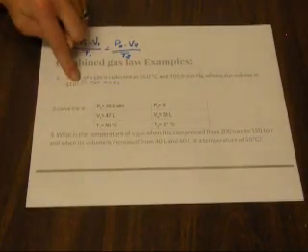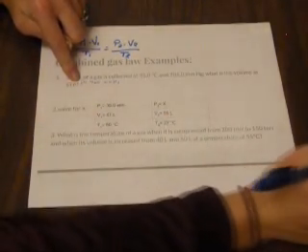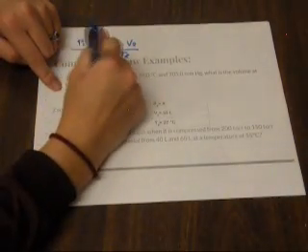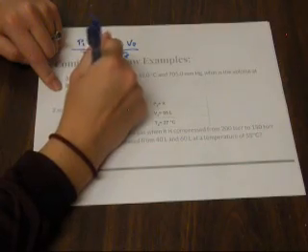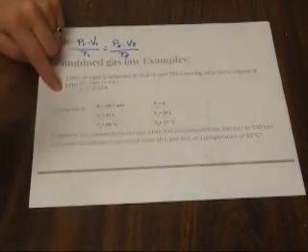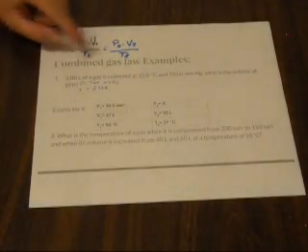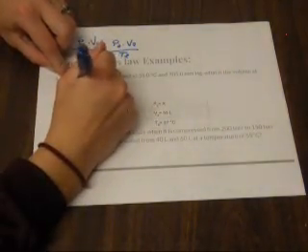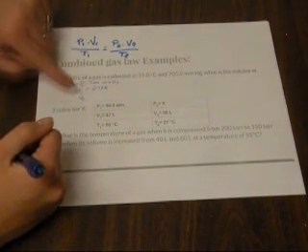Standard pressure is 760 millimeters of mercury, and temperature in Kelvin is 273 K. So we know that is our pressure 2 and our temperature 2, and we need to find our volume 2, or our finals.